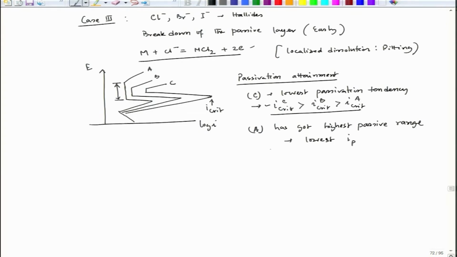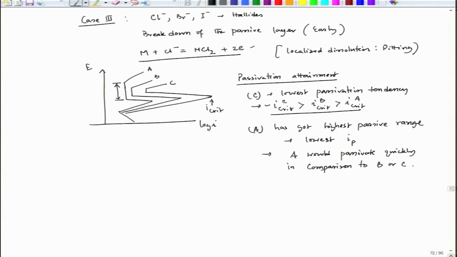Okay. So, it also indicates that A would passivate quickly in comparison to B or C, and of course, B has a little better than C. So, that means we could see that higher I critical is not good.